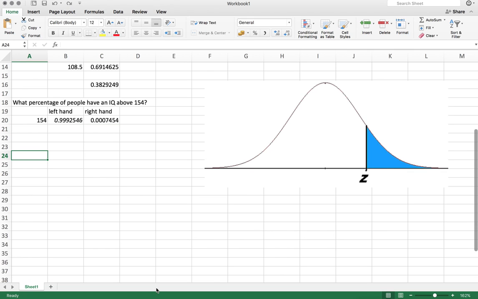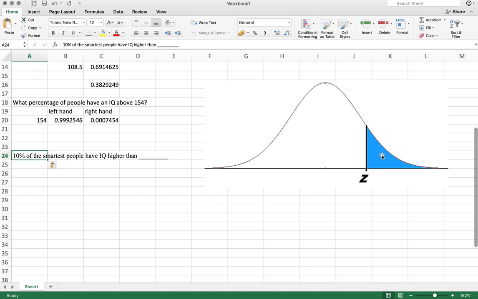Last, we will show you how to do a reversed lookup. Say we have a problem as follows, that we need to find an IQ for which 10% of people have a higher IQ. The illustration is the same as with the example before.